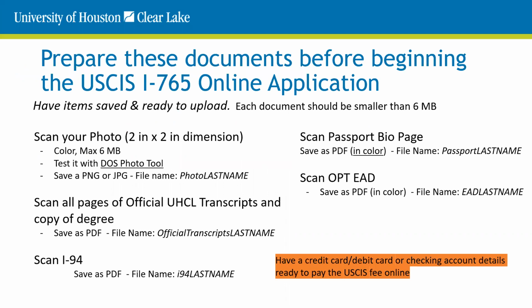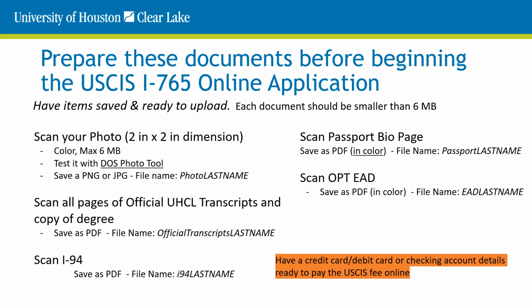The items you will need to have saved and ready to go include a new passport photo. Do not use one from your previous EAD application, passport, or visas. Official UHCL transcripts. You can request these from eServices. If you have difficulty accessing eServices, please contact the Student Enrollment Center at 281-283-2722.